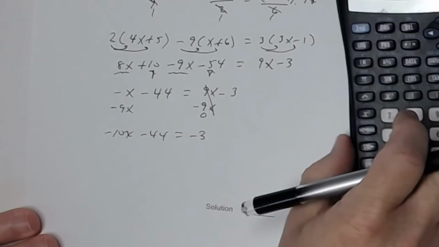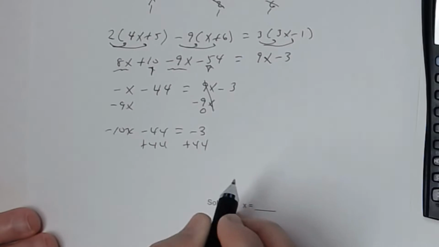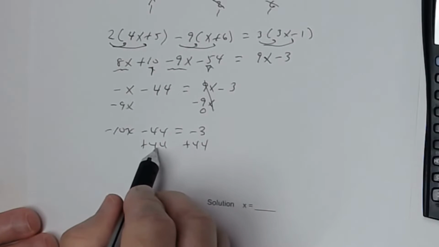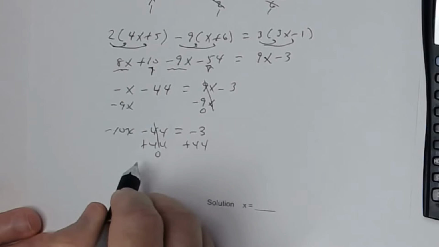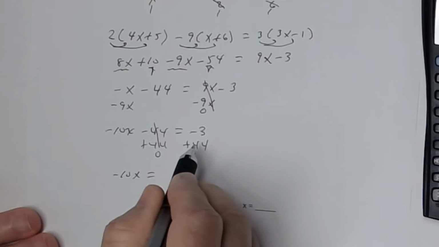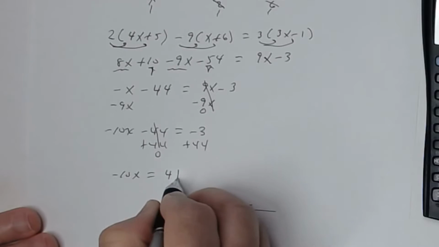All right, and so we're almost done with this. So now I'm going to add 44 to both sides. And when I add 44 to both sides, notice what you do to one side, you do to the other. A negative 44 and a positive 44 is 0. So I get negative 10x on this side equal a negative 3 and a positive 44 is a positive 41.